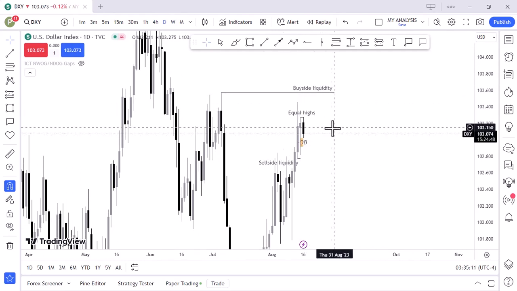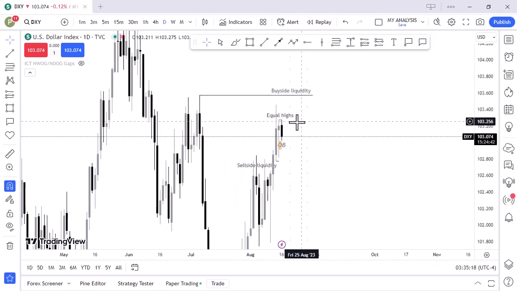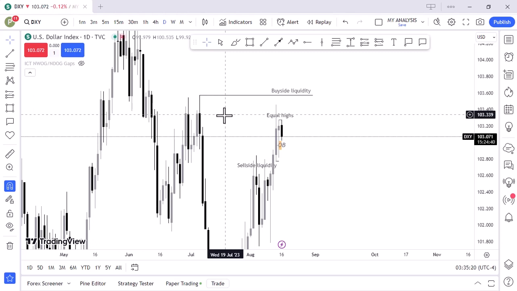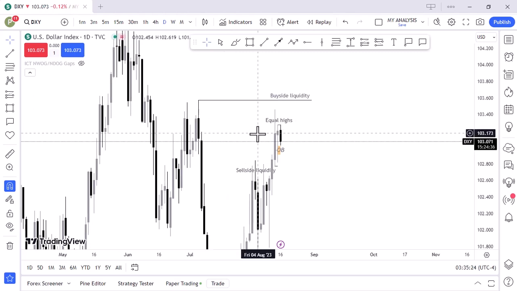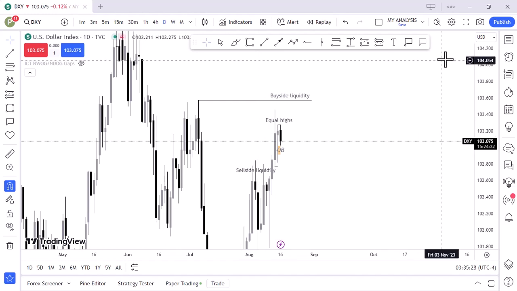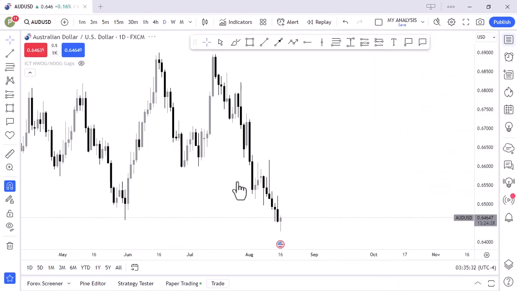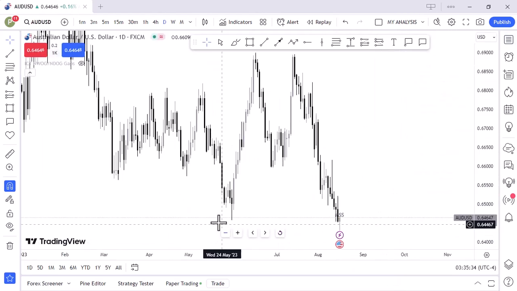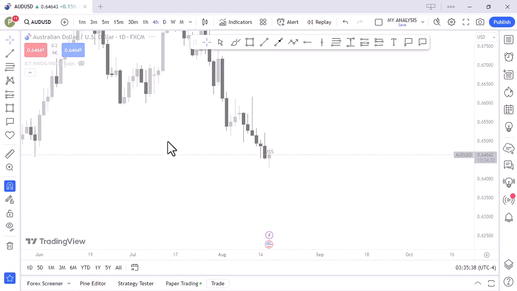I'm still expecting DXY to go up there and take out this buy side liquidity. That gives me a directional bias for the week on DXY to be bullish. I'm expecting the dollar to gain more strength, so I'm more comfortable wanting to see Aussie getting lower prices.